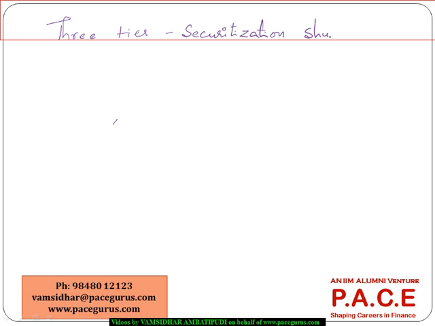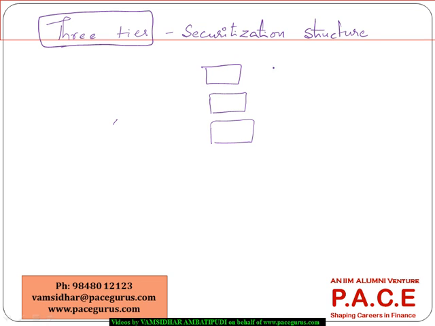Basically, three tranches are generally created: a senior tranche, then a mezzanine tranche, and finally an equity tranche. Wherever such a structure is created, we call it a three-tier structure.